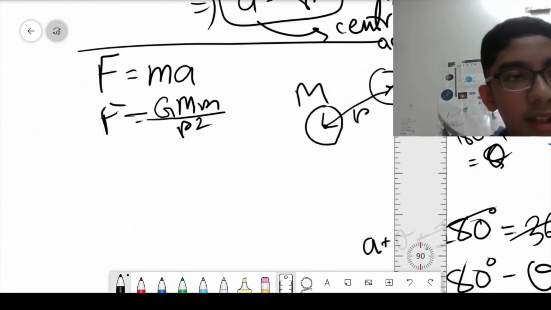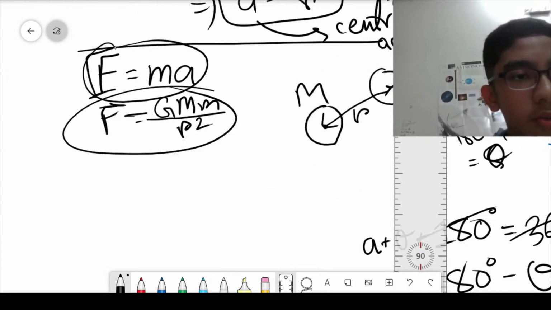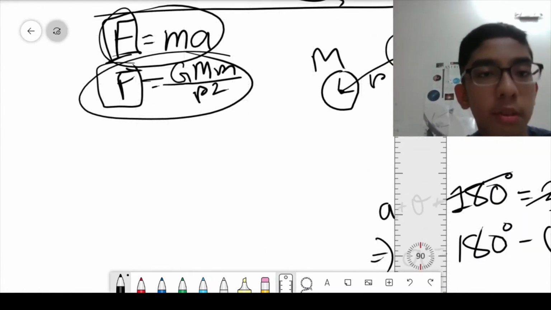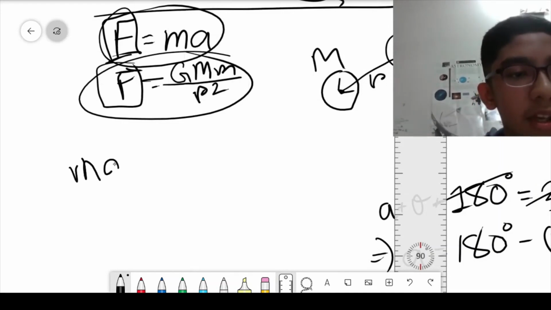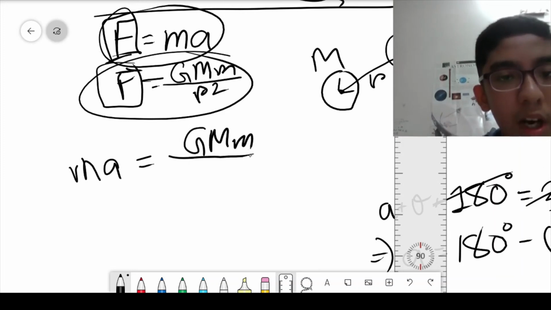So we can see that both of these equations refer to F, or the force. So as F will be equal to F itself, ma will be equal to GMm by r squared. And what is m?